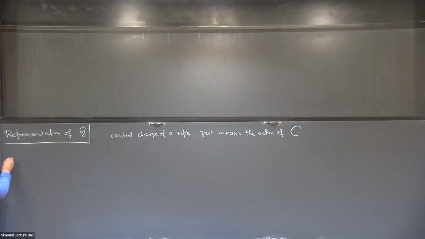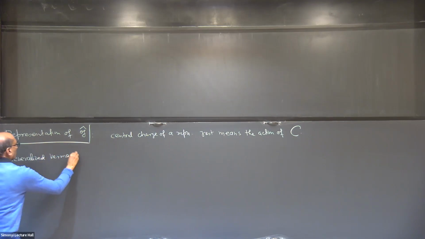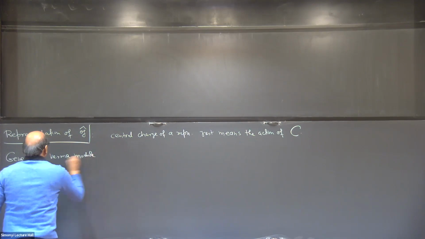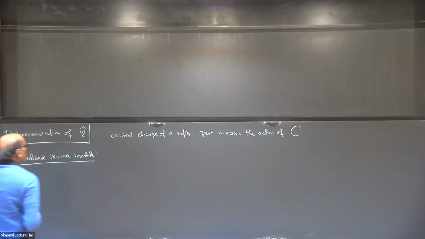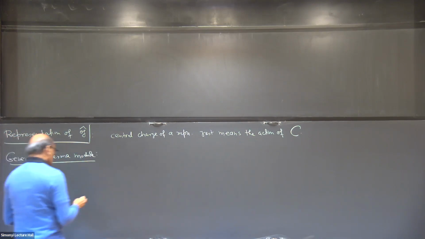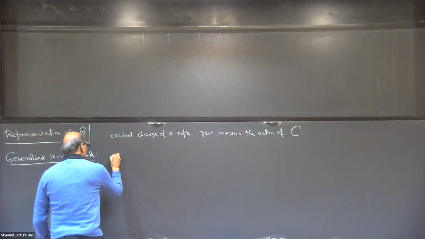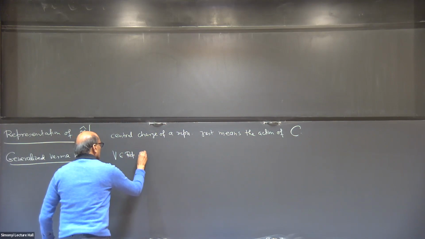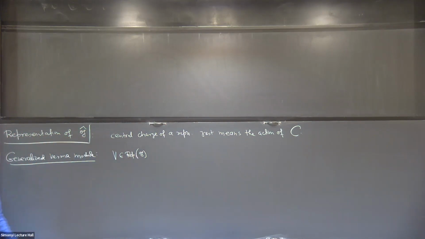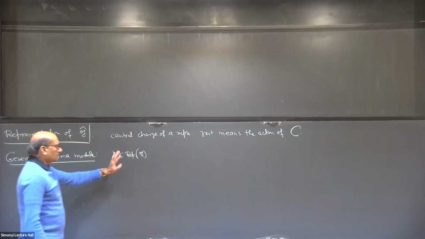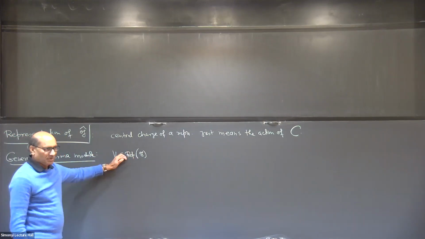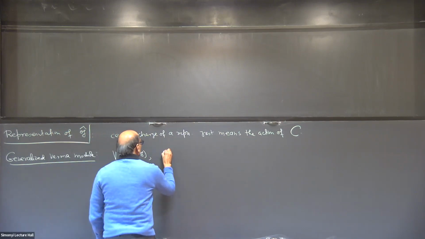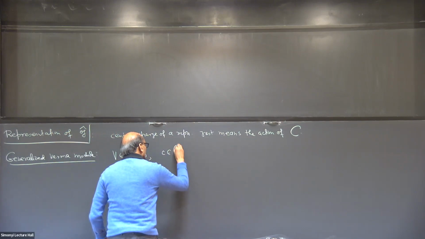Before that, I need to define the generalized Verma module. To define this, I need two things. I need V, a representation of G. Right now I'm just taking any representation of the Lie algebra G, and I am taking a C, which is a complex number.